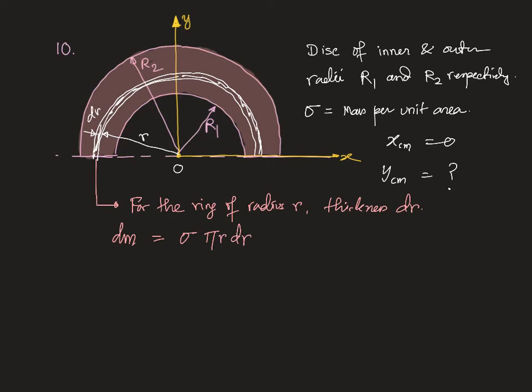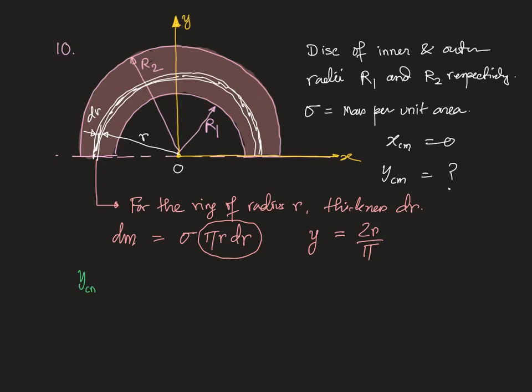So pi r dr is actually the area of the ring, okay, and its y coordinate means it is represented by its center of mass. So that is equal to 2r by pi. Derivation is similar to what we have done for the semicircular disk. Only the limits will change.